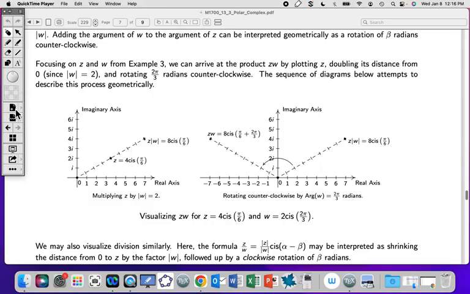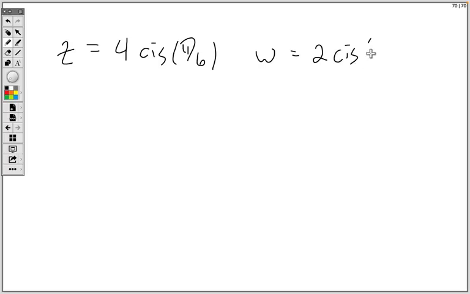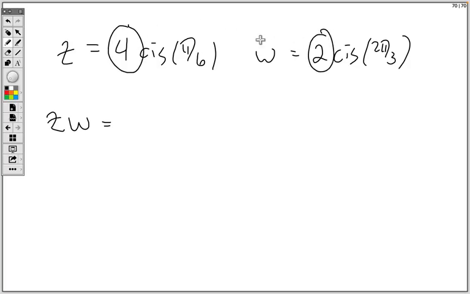All right. So when we multiplied z times w in the last example, z was 4 cis pi over 6, and w was 2 cis 2 pi over 3. So when we multiplied z times w, we multiplied the moduli and we added the angles. So let's break this down into a two-step process. Step 1, let's multiply z by the modulus of w.